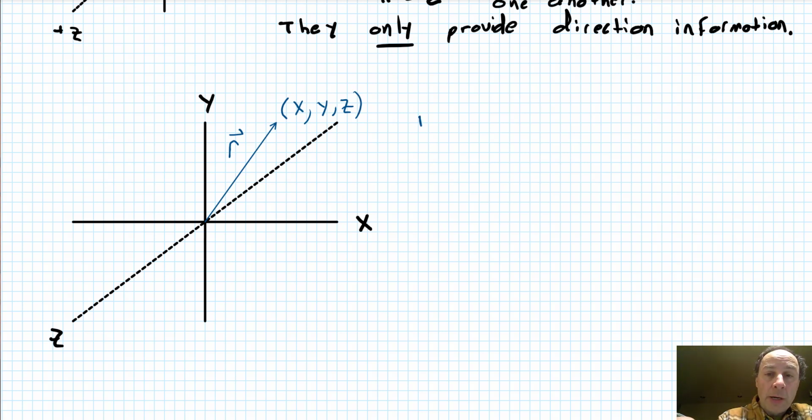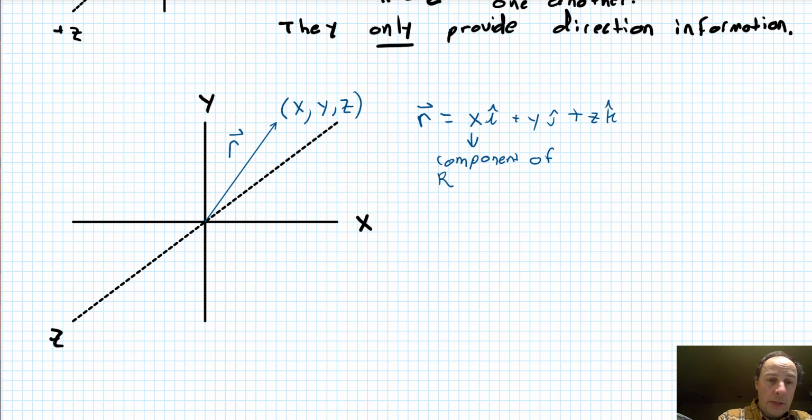So we can write the vector r as the value of each of these, because each x, y, and z is the magnitude of each of the components of r, times the unit vector. So it would go x times i hat plus y times j hat plus z times k hat. So this is the component of r along the x direction.